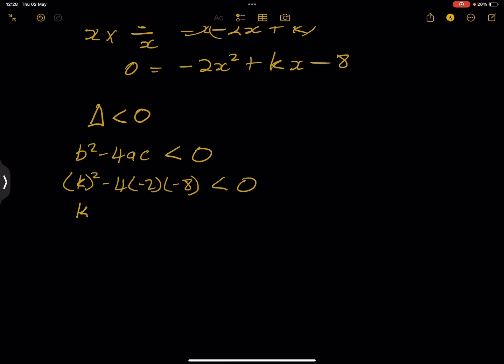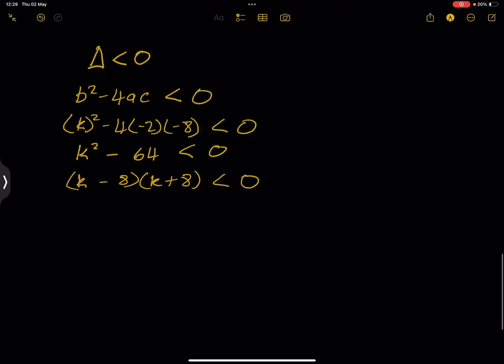So this would be k squared minus, that's 4 times 2, which is 8, and 8 times 8 is 64. Let's not make that mistake. So this is the difference of two squares: k minus 8, k plus 8 should be less than 0.